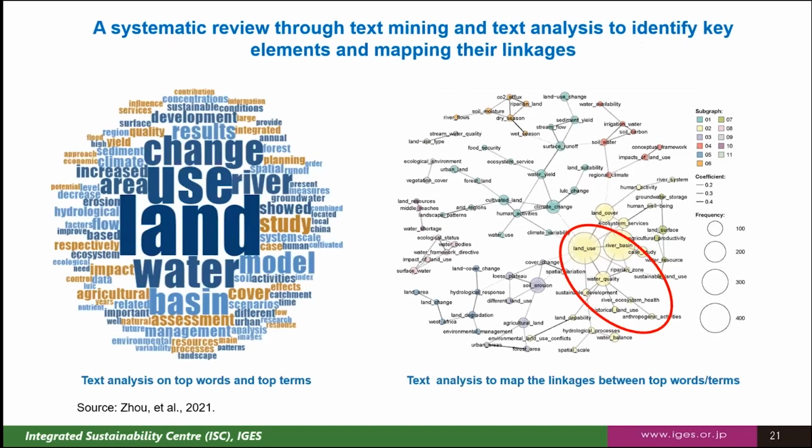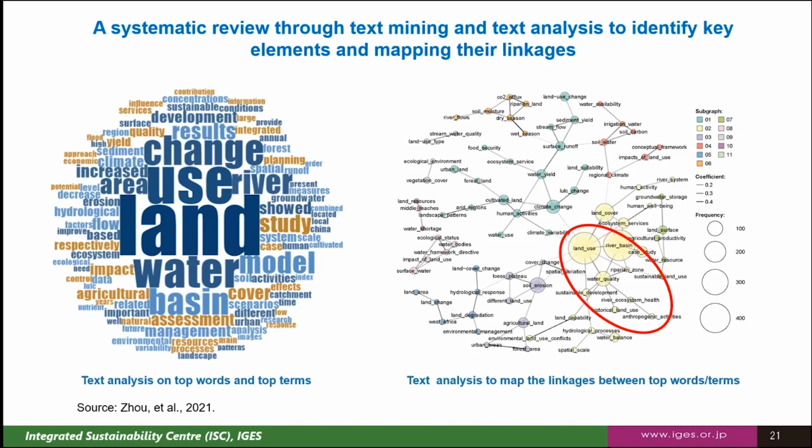To review such a large amount of literature, we used the text analysis software, Unbible and KH Coder, to process the text data. We extracted the top words and top terms based on the frequency of their occurrence in the text, and mapped top terms based on the co-occurrence of the terms to identify key linkages among them.